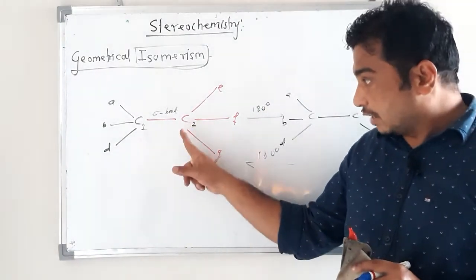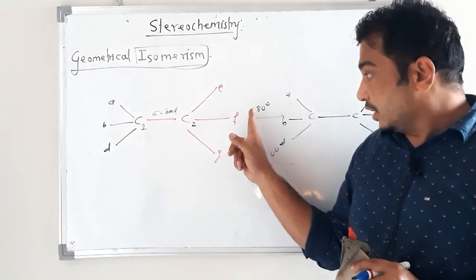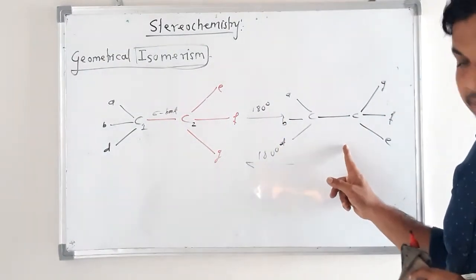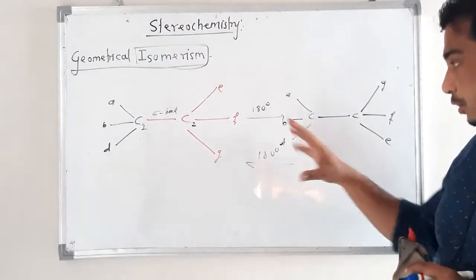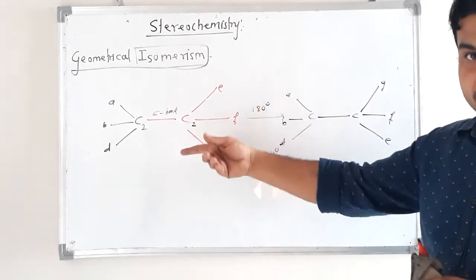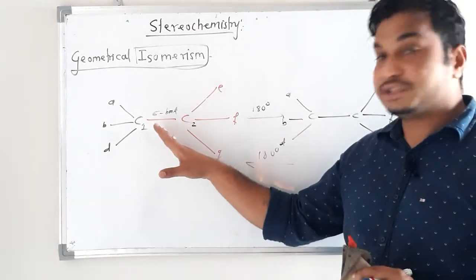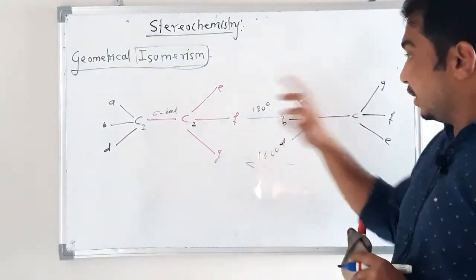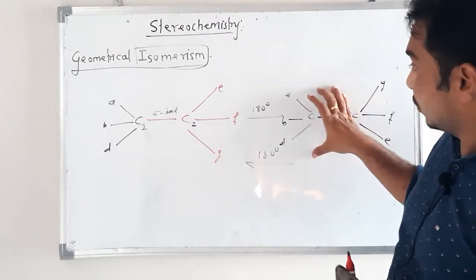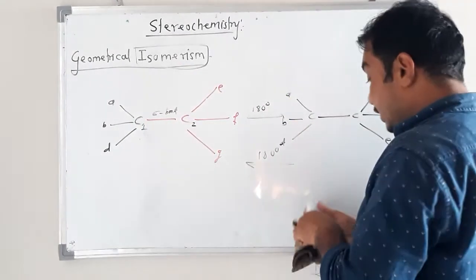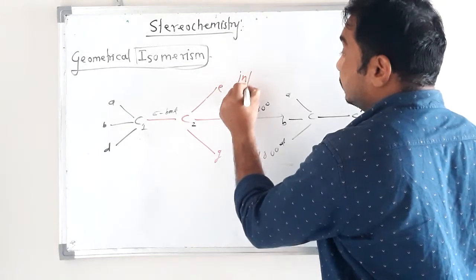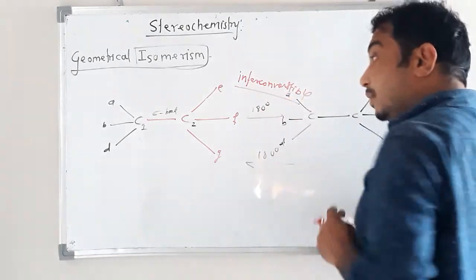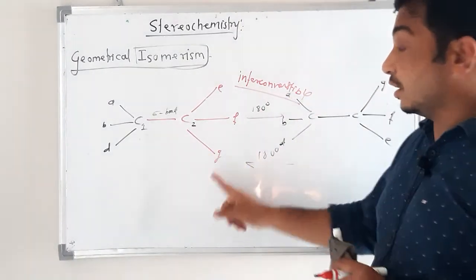If carbon number 2 rotates through 180 degrees around the carbon single bond between C1 and C2, then you will get this structure, and again it rotates, because this bond is in continuous rotational motion, free to rotate, with no restriction. So this molecule converts into this molecule, and they are interconvertible.